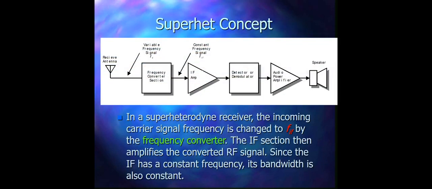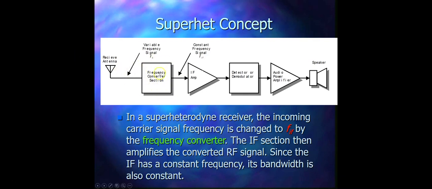So now here we see the block diagram of a superheterodyne receiver. The signal is obtained from this antenna, and then it is sent to this frequency converter section. This is new here in the superheterodyne receiver, and this section helps in getting the constant bandwidth, and it also helps the receiver work at higher and very high frequencies.